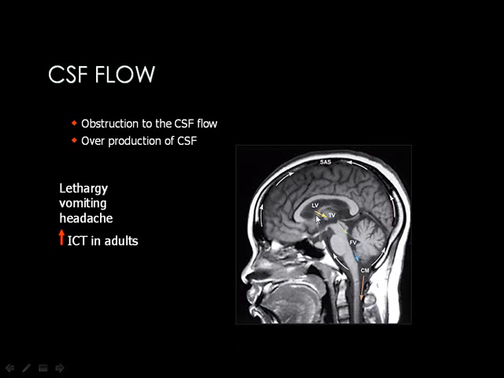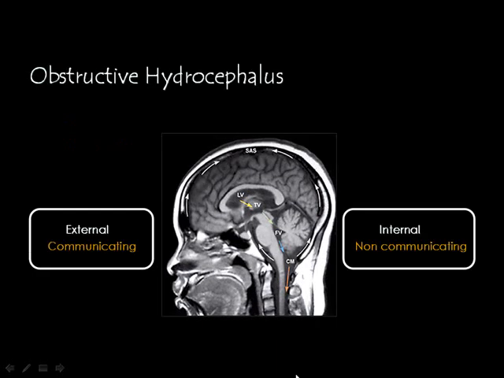This is the flow of the CSF from the lateral ventricle to the third via the foramina of Monro, from the third to the fourth via the aqueduct of Sylvius, from the fourth to the subarachnoid space through the outlet foramina of the fourth ventricle. Then we have to discriminate between two major types of hydrocephalus.